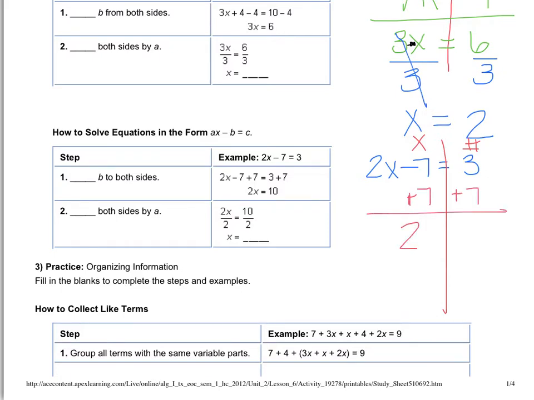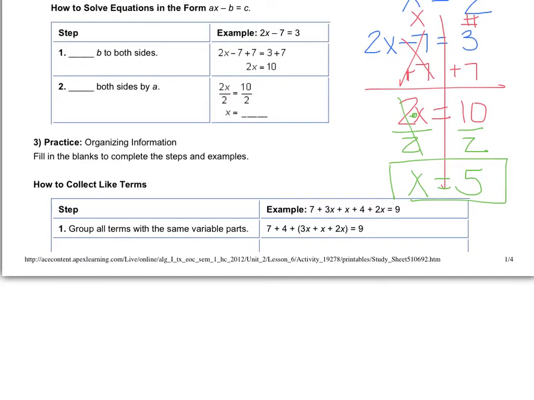So we have 2x equals, because negative 7 and positive 7 cancel, 3 plus 7 is 10. So 2 times x equals 10. To get rid of what's multiplied, do the opposite, which is to divide. 2 divided by 2 cancels, and x equals 10 divided by 2 is 5. And that would be my answer.